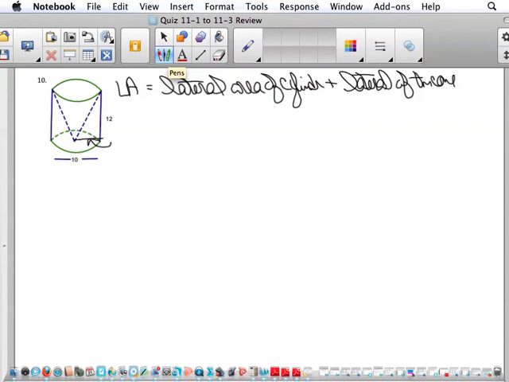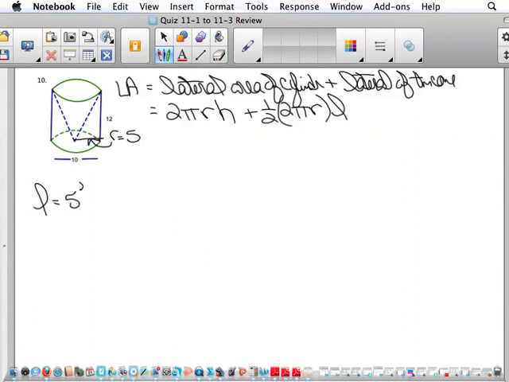That means the radius is 5. Lateral area, remember, is the circumference, 2 pi r, times the height for the cylinder. The lateral area of the cone is going to be 1/2 the circumference, 2 pi r, times the slant height. So I don't have the slant height. I'm going to have to find that slant height using the Pythagorean theorem.